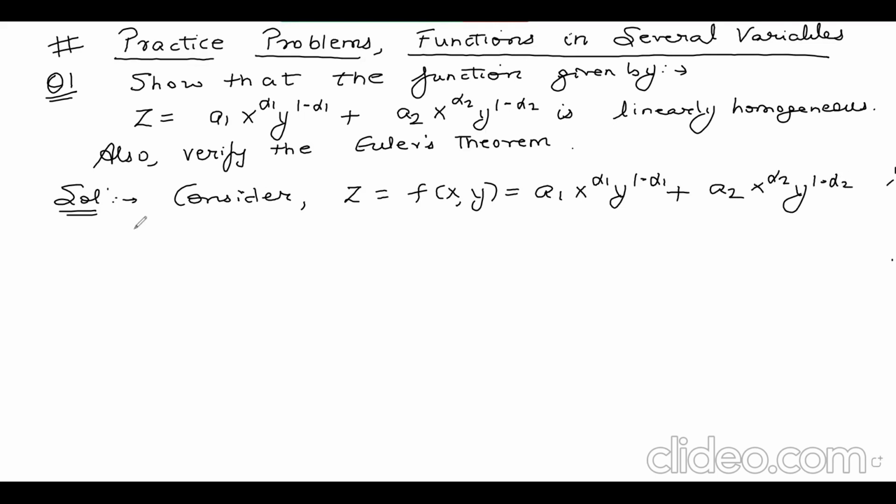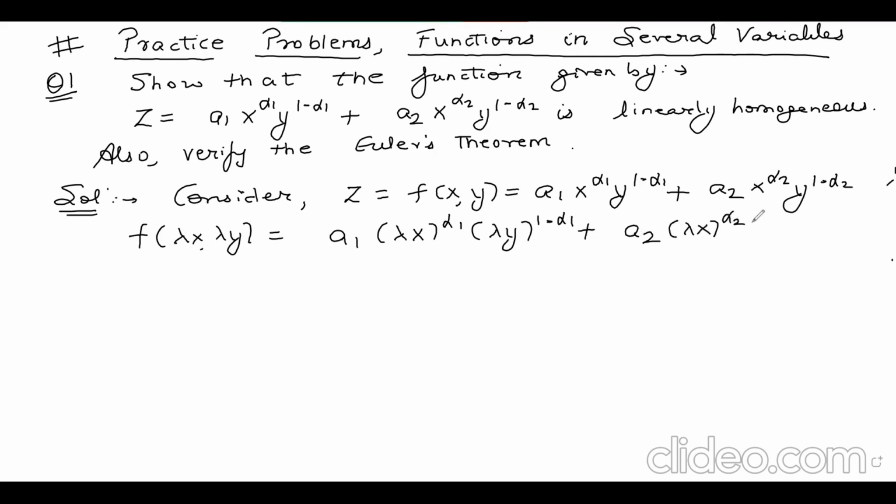Now, if I look at f of lambda x, lambda y, wherever we have x, we put lambda x. Wherever we see y, just put lambda y. So it becomes a1 lambda x to the power alpha 1 lambda y to the power 1 minus alpha 1 plus a2 lambda x to the power alpha 2 lambda y to the power 1 minus alpha 2.